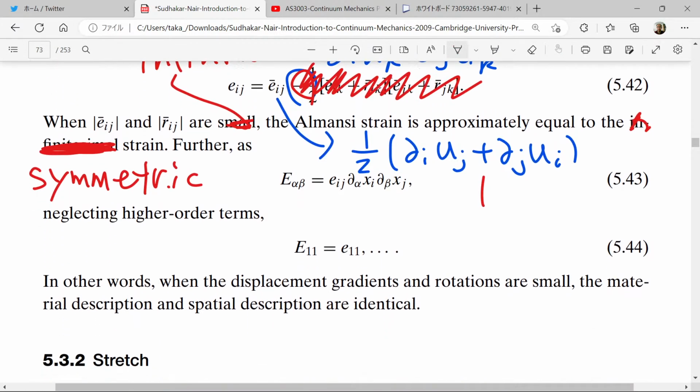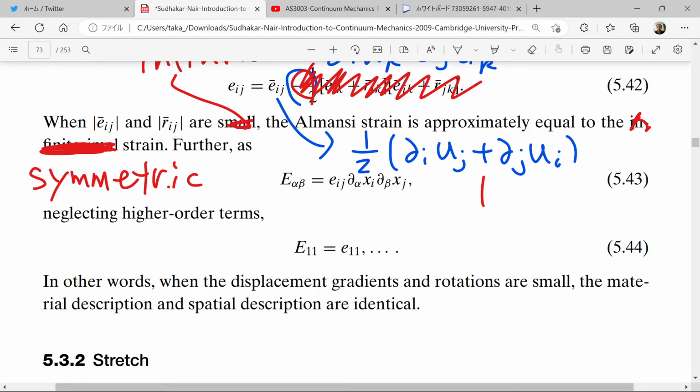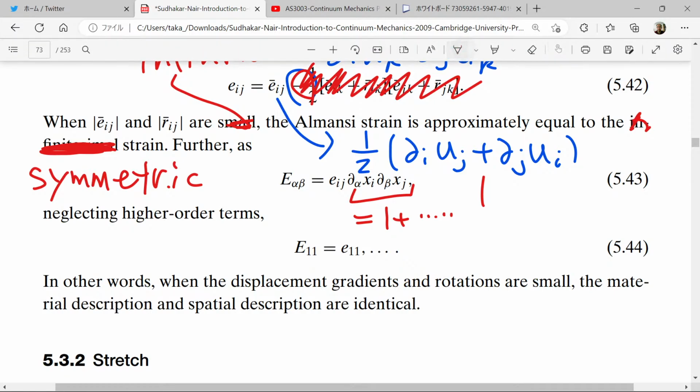What do you mean by higher order terms? I don't understand this. Why is this like 1 plus something? Was there any relation between x and this one?